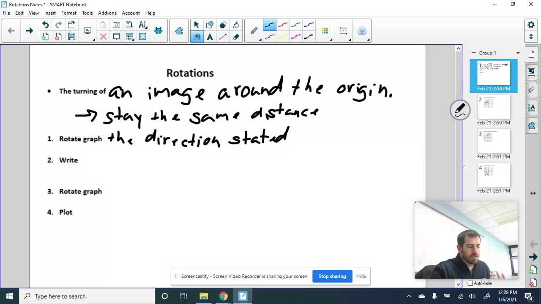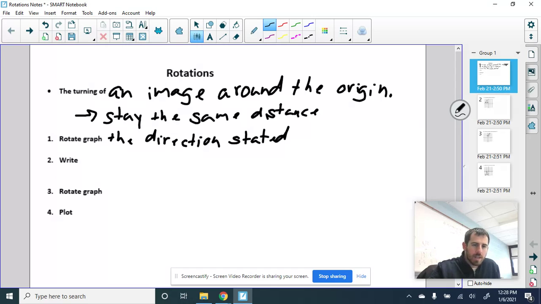Now, obviously, since you don't have paper, you can't do this, but guess what? Everyone can take their Chromebook and turn it sideways. Some of you even know how to flip your screen. I'm not going to go into that detail, but some of you know how to rotate your screen physically in front of you and turn it. But you're going to rotate in the stated direction. So if it says rotate 90 degrees clockwise, you rotate it 90 degrees clockwise.